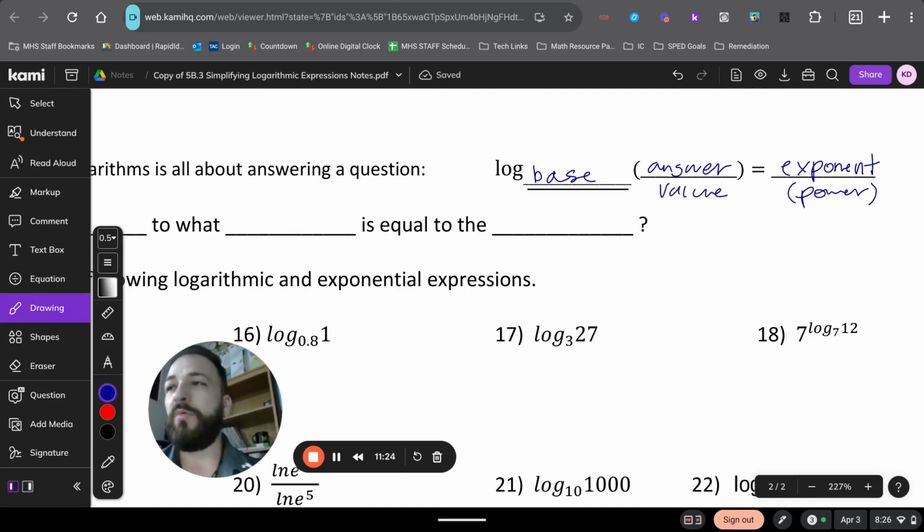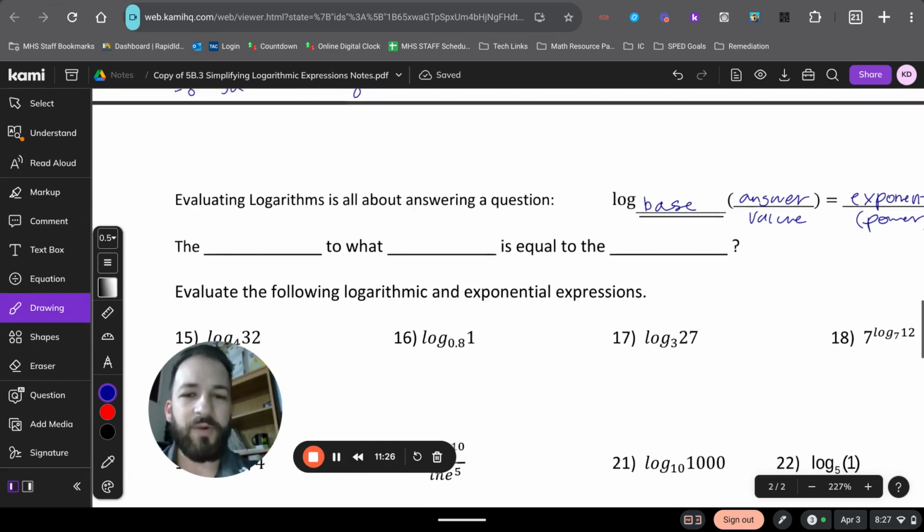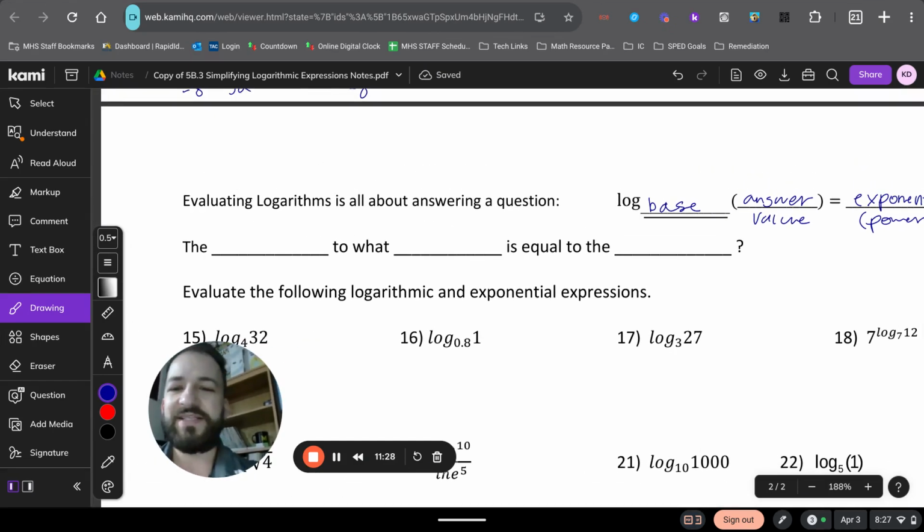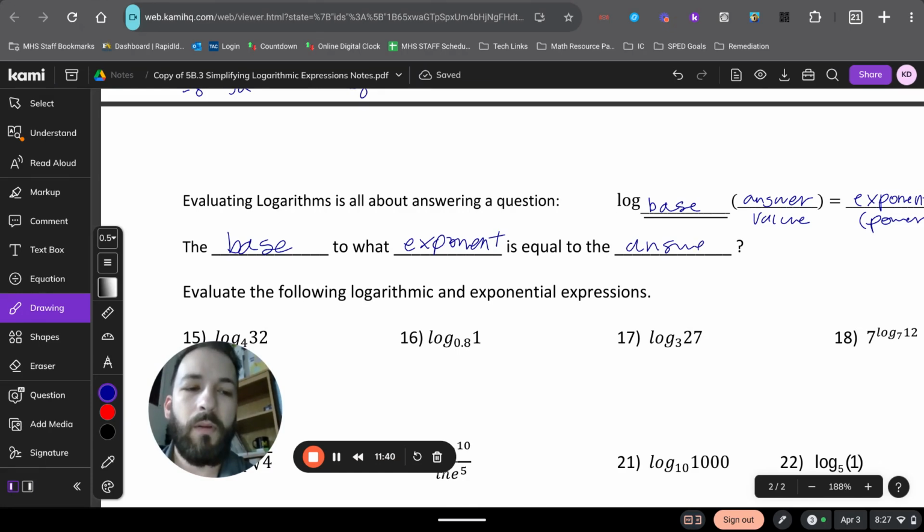So when we're thinking about a logarithm, I want you to think about it in terms of this question, and that is: the base to what exponent is equal to the answer? That is the question that logarithms are really asking when we're trying to evaluate them by hand.